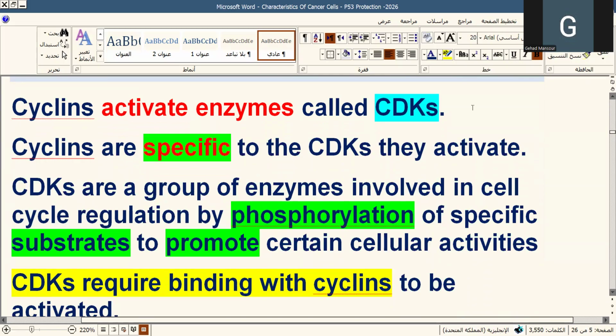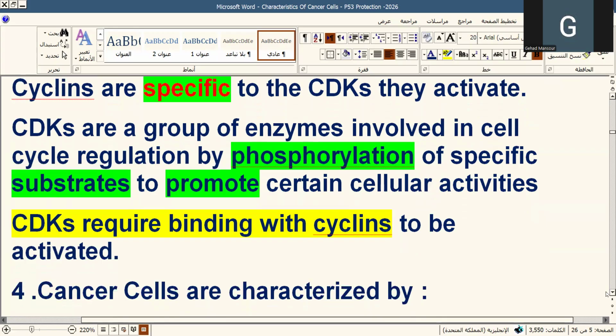Cyclin dependent kinases, which are enzymes, and the role of the cyclin proteins is to activate those enzymes. And there is a good deal of specificity between the cyclins and the CDKs, which means that every CDK has a specific cyclin to activate it.